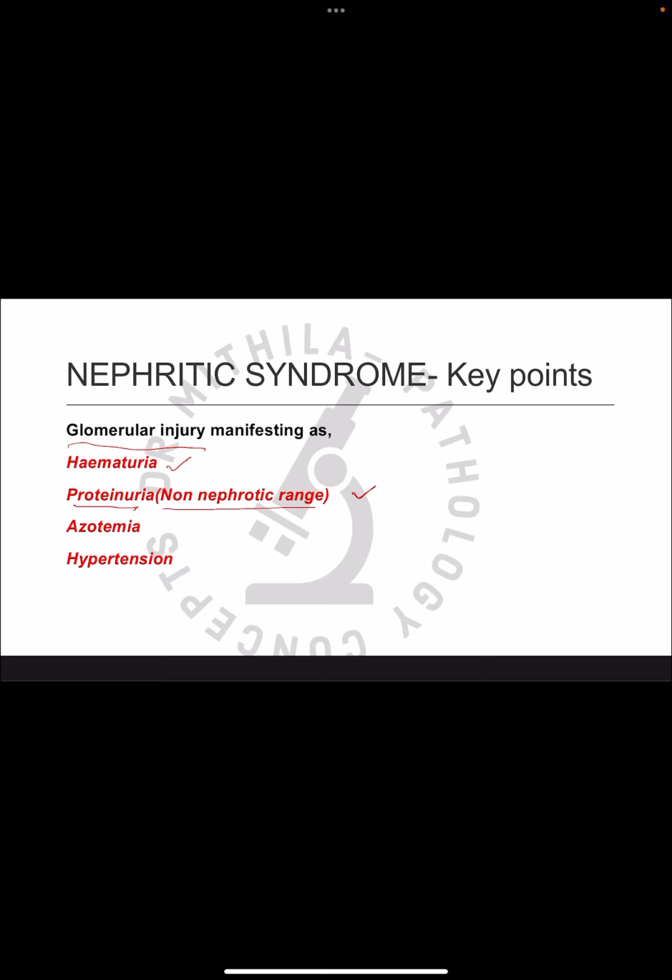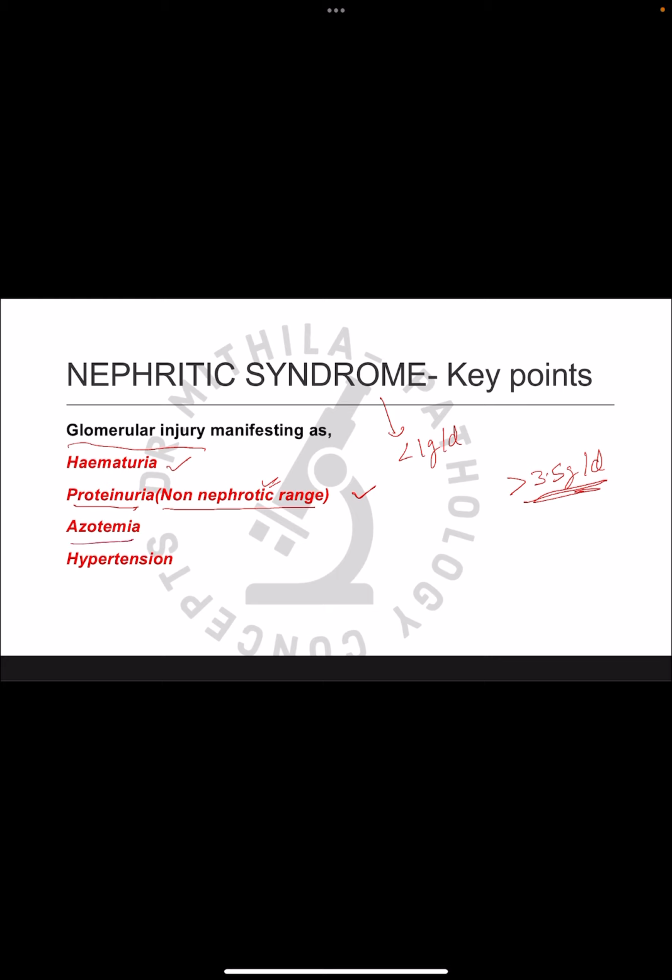So I will teach you later that in nephrotic syndrome, the protein which is excreted is more than 3.5 gram per day, while in nephritic syndrome, the protein excretion is less than 1 gram per day. So it is called non-nephrotic range, while this is the nephrotic range proteinuria seen in the nephrotic syndrome.